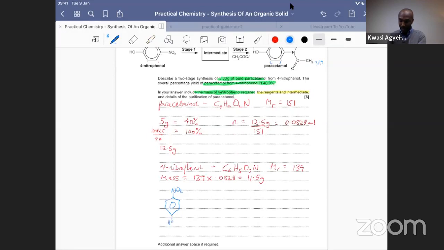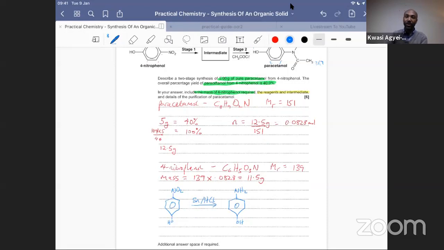We would need to react that with a reducing agent. In this case, tin and hydrochloric acid would be what's required to give us our amine intermediate.